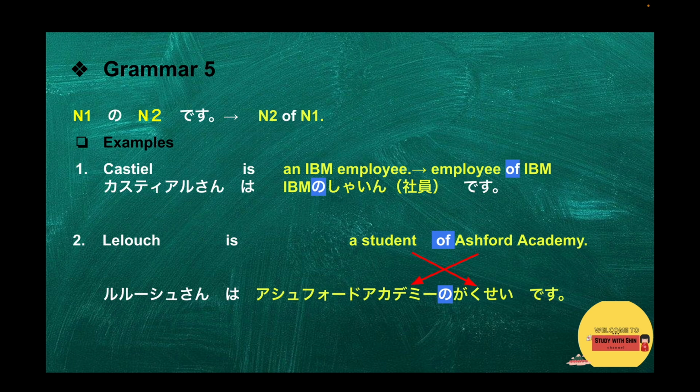But here in English you would say "a student of Ashford Academy," but in Japanese, it is opposite. The grammatical structure is completely opposite. Ashford Academy comes first, and then no, and 学生 comes later. Ashford Academy no 学生.